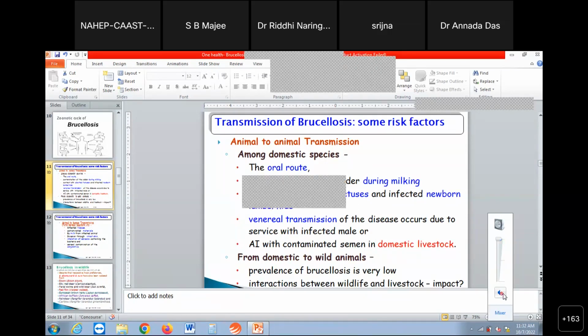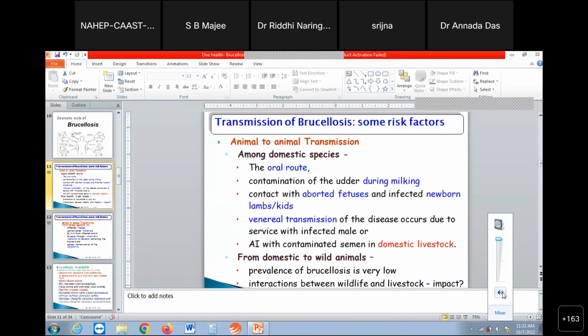It is also through contamination of the udder during milking. That is, if proper biosafety or standard hygiene precautions are not followed, and generally they are not followed. So, udder contamination during milking, and contact with aborted fetuses and newborn lambs and kids is again a very important problem.